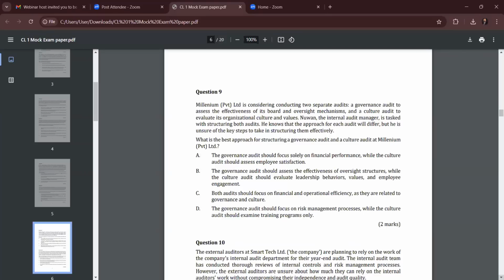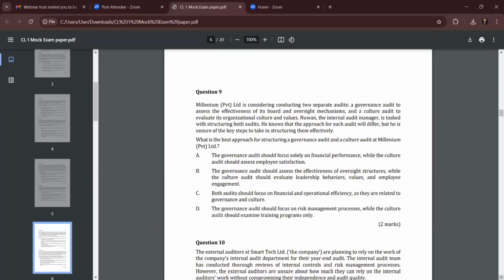A governance audit to assess the effectiveness of the board and oversight mechanisms, and a culture audit to evaluate organizational culture and values. Nuan, the internal audit manager, is tasked with structuring both the audits.